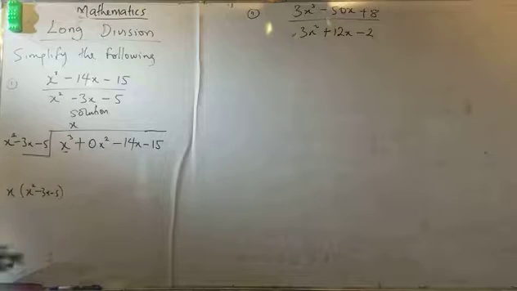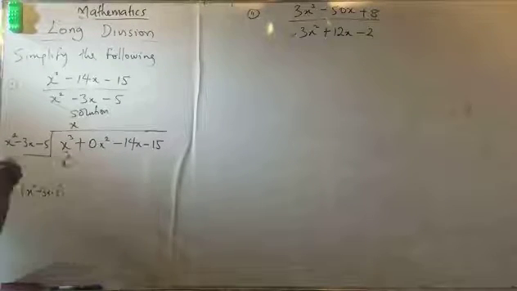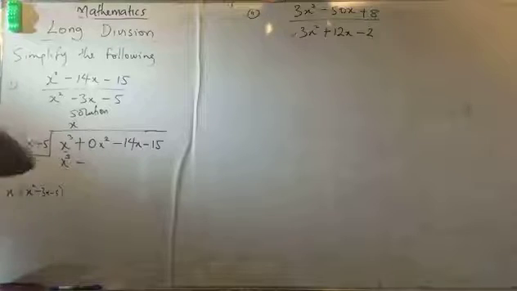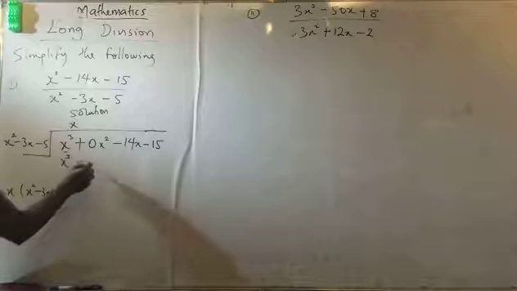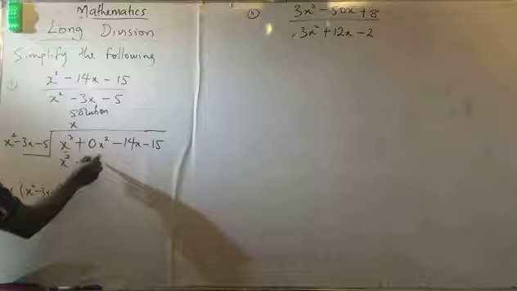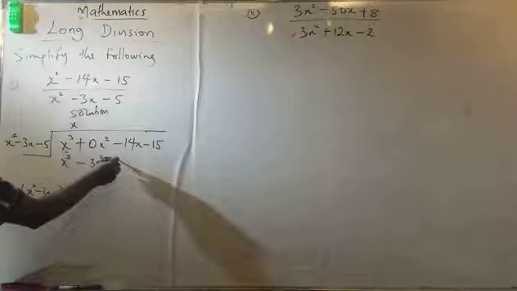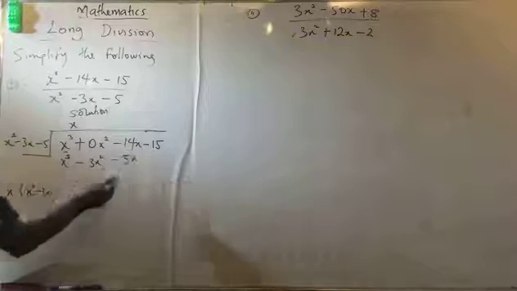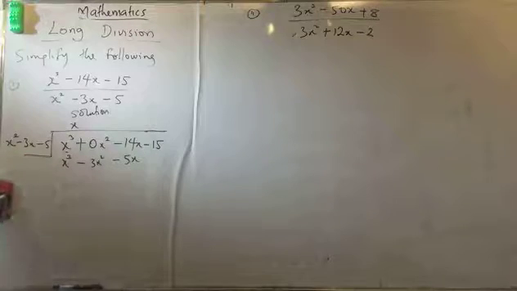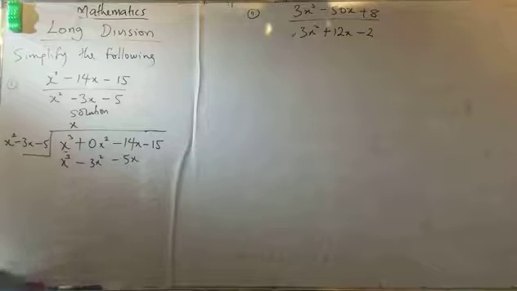Can you see that? It means I'll be having x cubed minus 3x squared minus 5x. That's all. I just open the bracket with that.